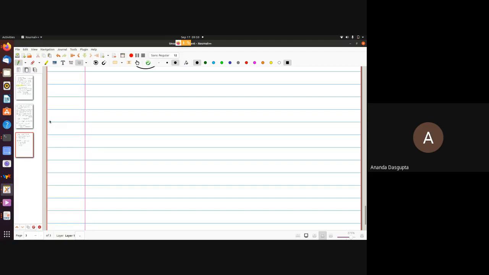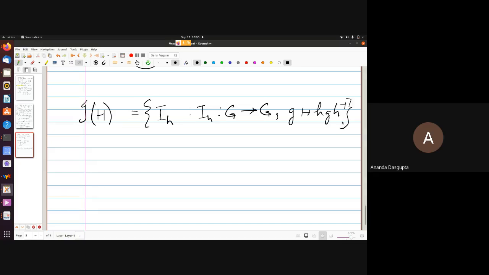So, I_H defined by g maps to h g h inverse. Right?